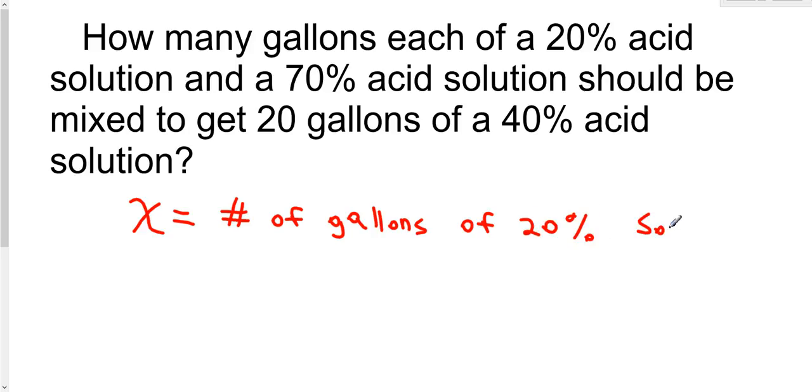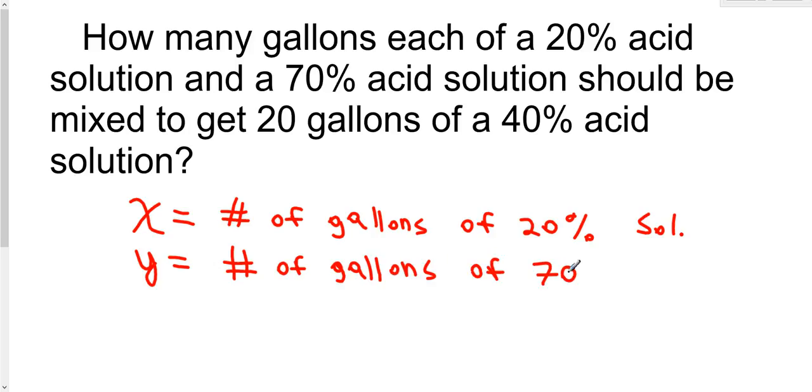And Y is the number of gallons of the 70% solution. So those are the two unknowns, the two that are going to be mixed to get the third one, the mixture.